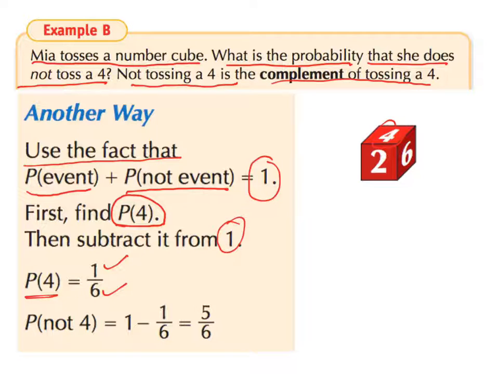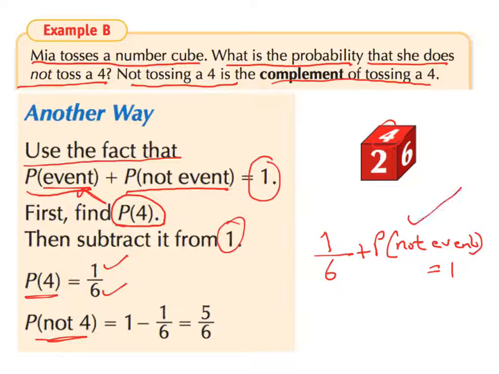And the probability of not landing on 4 is what we want. If we substitute in P of event plus P of not event equals 1, the probability of 4 is 1 over 6, plus the probability of not 4 is equal to 1.